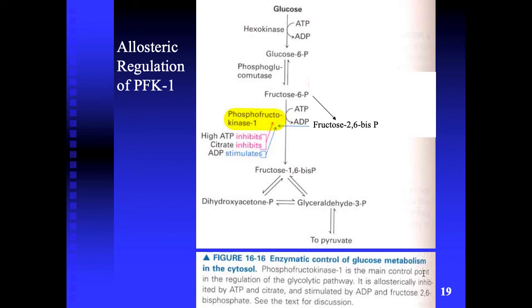As fructose 6-phosphate goes up, some of it becomes fructose 2,6-bisphosphate, and that allosterically stimulates PFK1. So why, if there's already a lot of it, it seems like if you have a lot of it, wouldn't you want to start regulating down the opposite way?